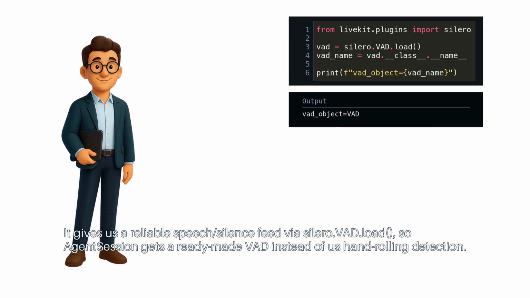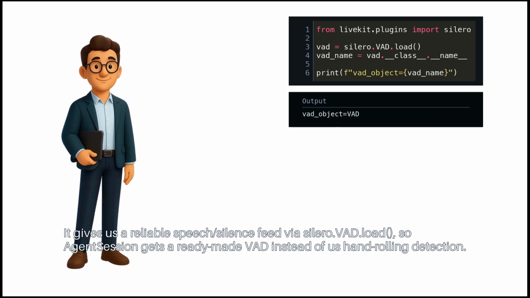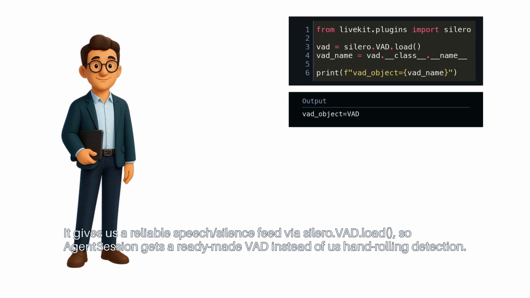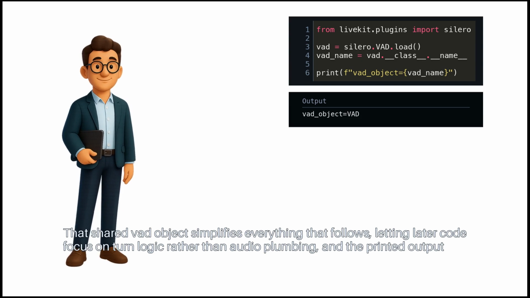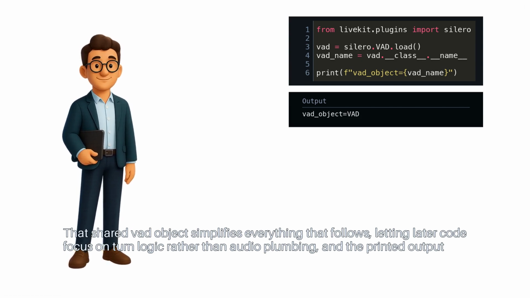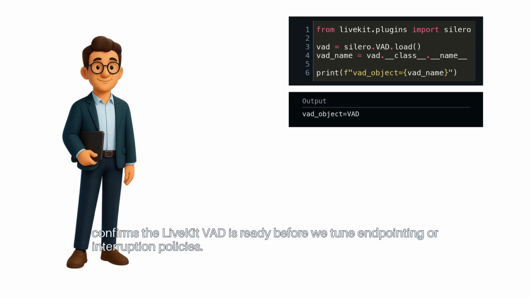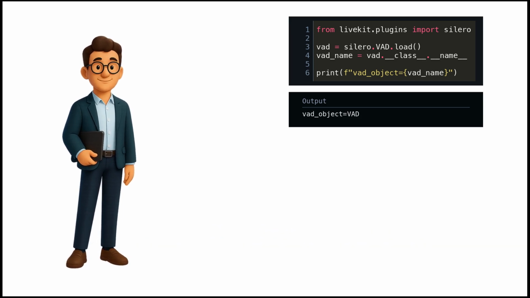So AgentSession gets a ready-made VAD instead of us hand-rolling detection. That shared VAD object simplifies everything that follows, letting later code focus on turn logic rather than audio plumbing. And the printed output confirms the LiveKit VAD is ready before we tune endpointing or interruption policies.